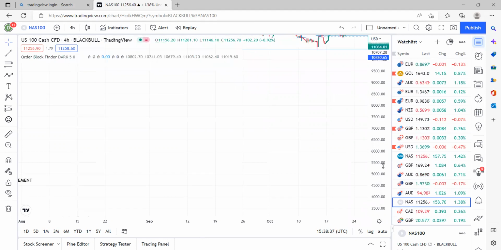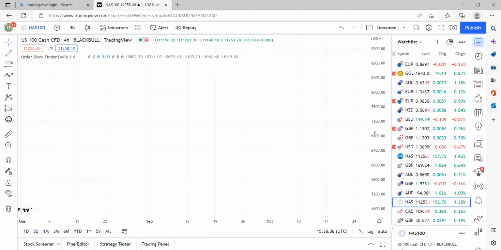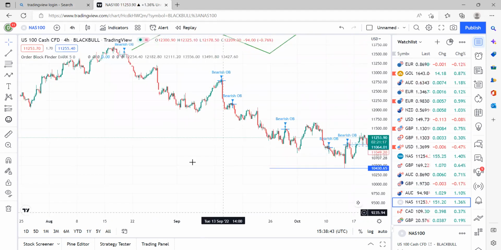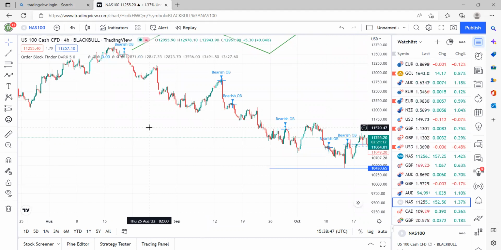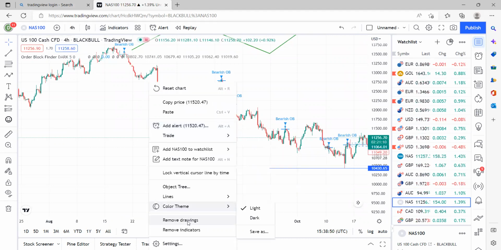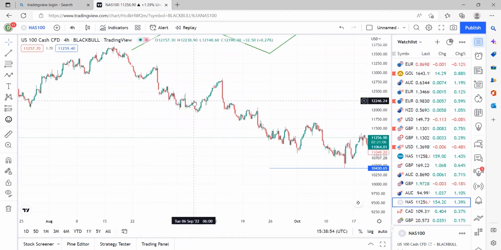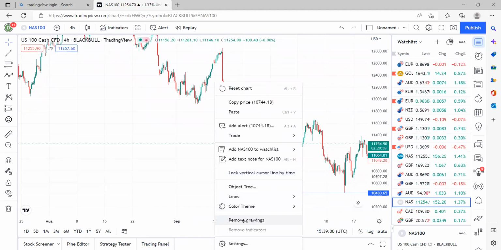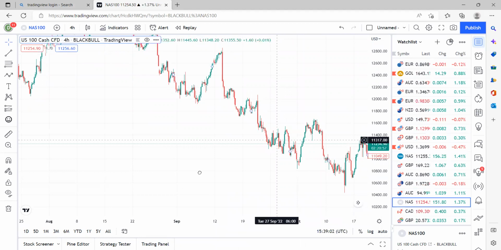Remove it from there, or just click the one you used to remove drawings. Then you'll see remove indicators, it's down there. Remove indicators, and drawings also.